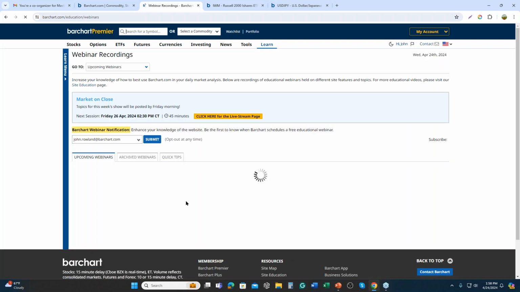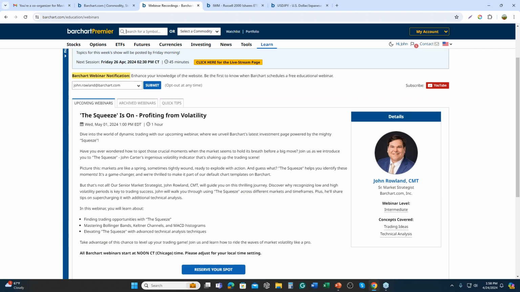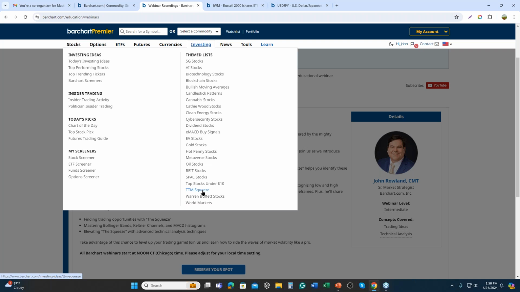Yeah, so next week, we're going to talk about another template that we have, and also on our investing page. It's called the TTM squeeze, and this is based on two technical analyses, which is Keltner bands and Bollinger bands.